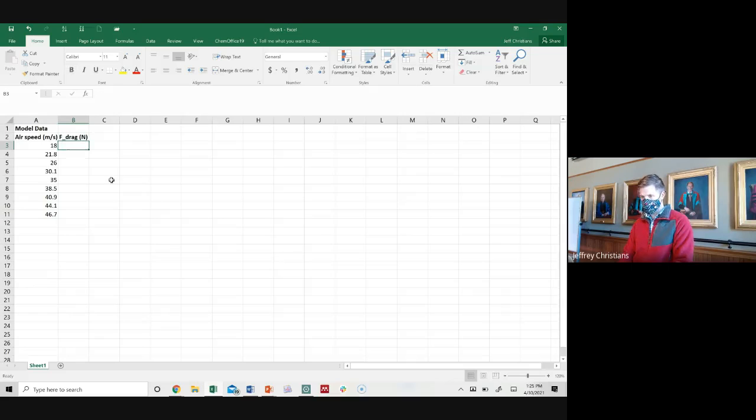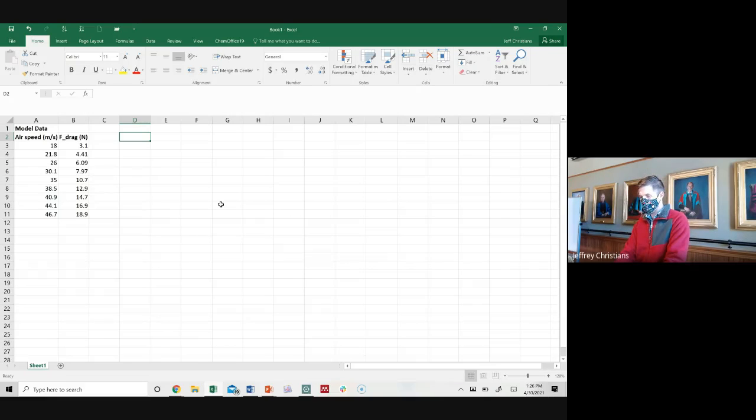Those were our airspeeds. Our drag force, 3.1 newtons, 4.41, 6.09, 18.9. All right, cool. So there's our model data.